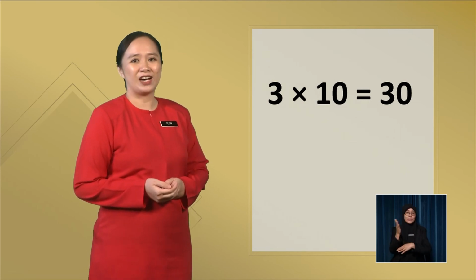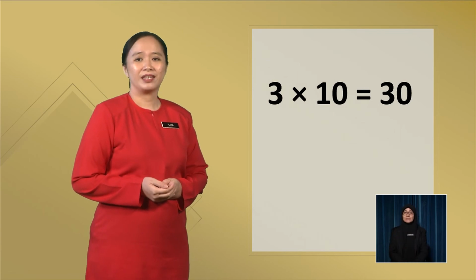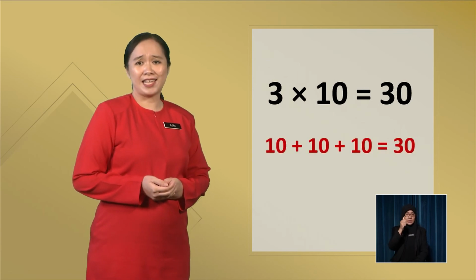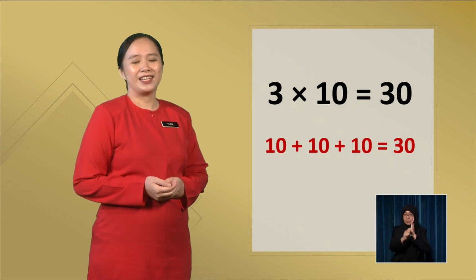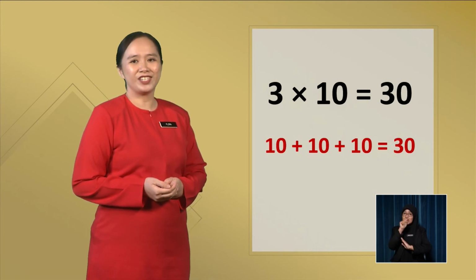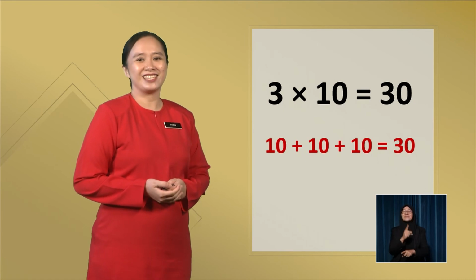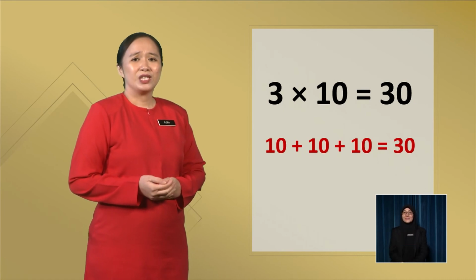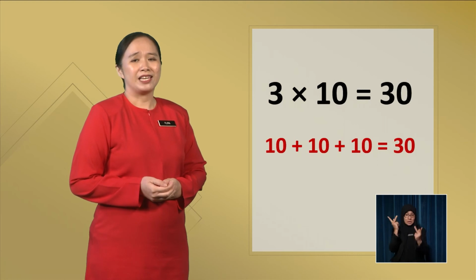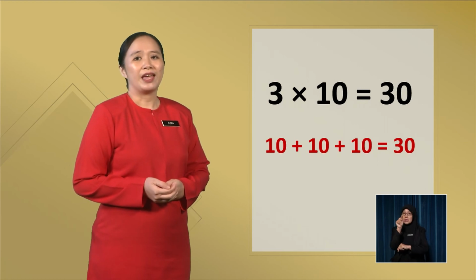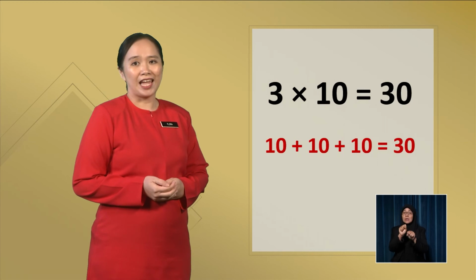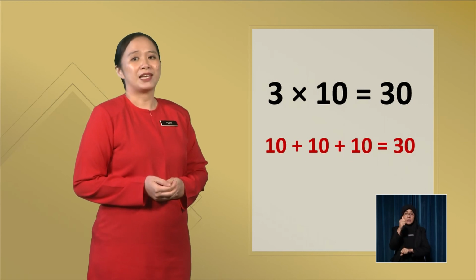Let's check this out. 10 plus 10 plus 10 is equal to 30. Is that correct? Yes, it is. 3 times 10 is equal to 30, and so is 10 plus 10 plus 10.